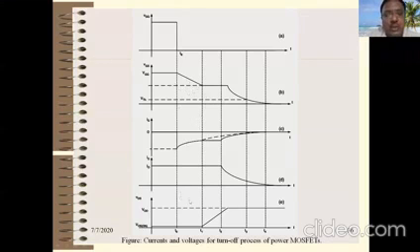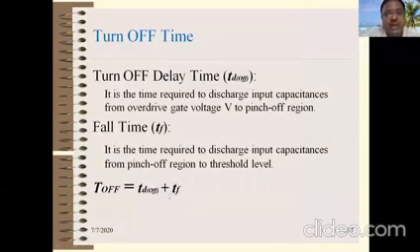That is shown here. Turn off time is the time required to discharge input capacitances from overdrive gate voltage to the pinch off region. That is first called the turn off delay time: the time required to discharge input capacitances from overdrive gate voltage to pinch off voltage.